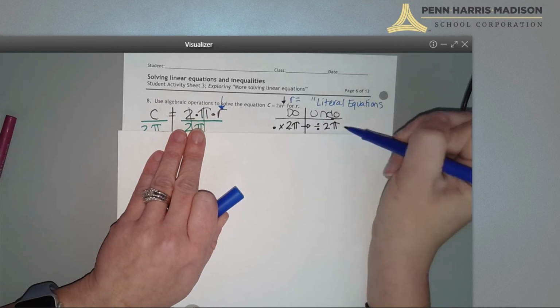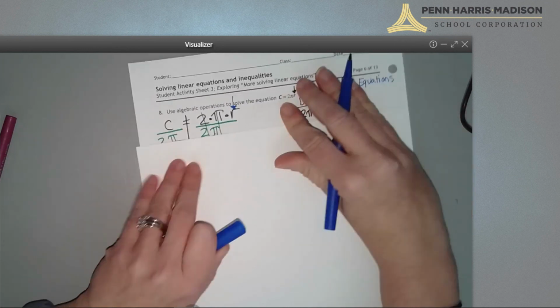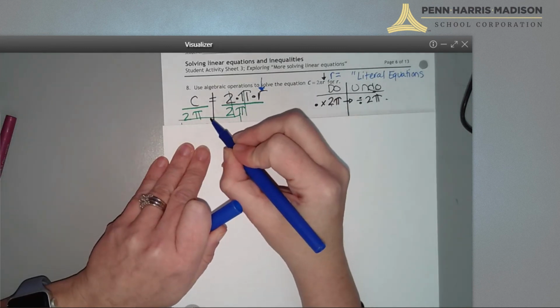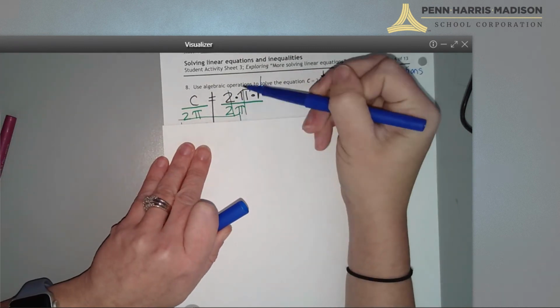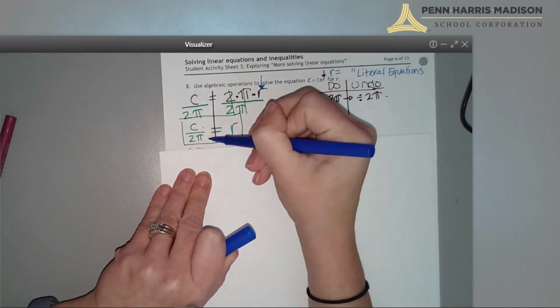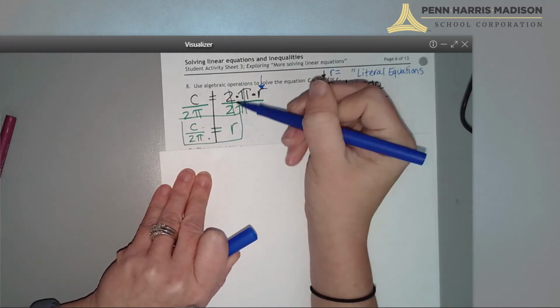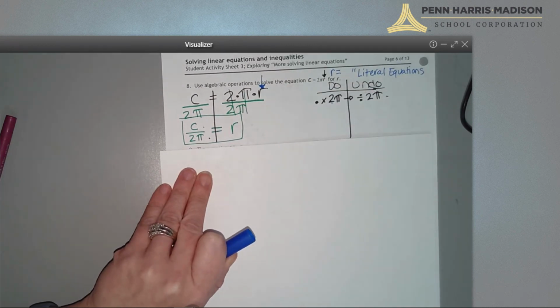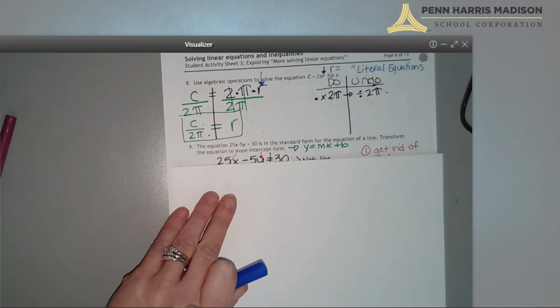I'm going to divide by 2 pi. So I come over here and divide both sides by 2 pi. When I do that, my 2's cancel, my pi's cancel, and I'm left with just r equals c divided by 2 pi. Again, guys, we didn't do any number crunching here. We just simply rearranged.